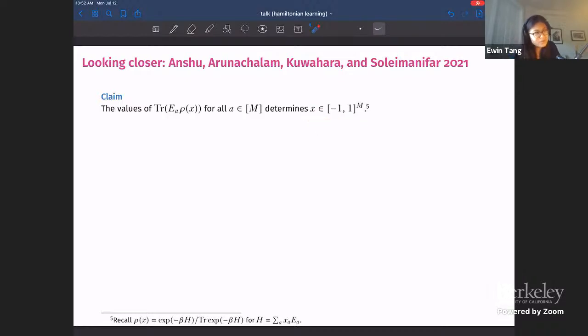This is related to the fact that Gibbs states are the maximum entropy state that preserves the marginals. So you can write an optimization problem where rho is something that depends on the marginals.